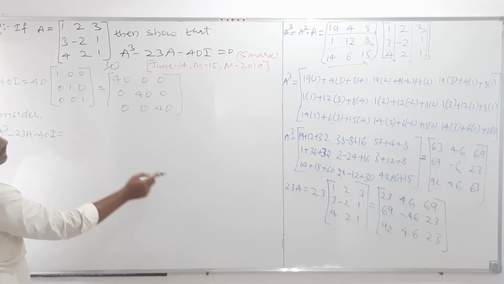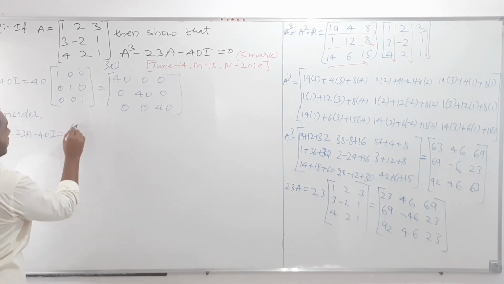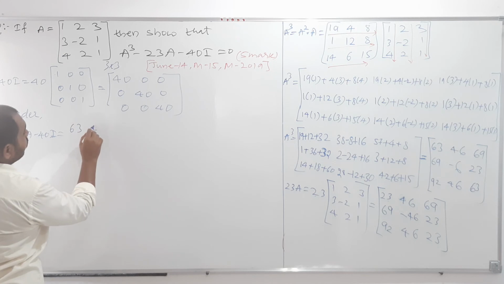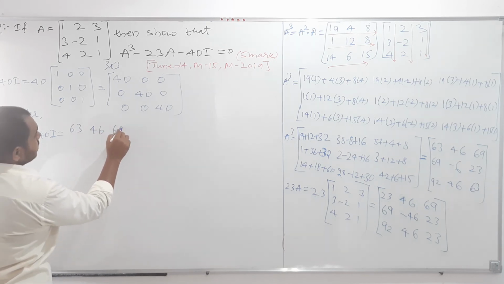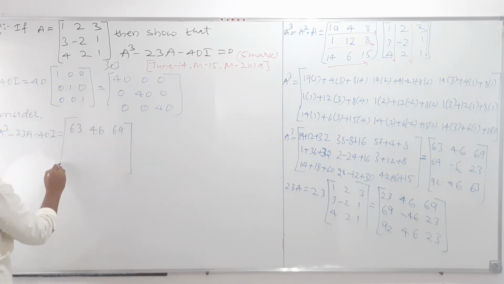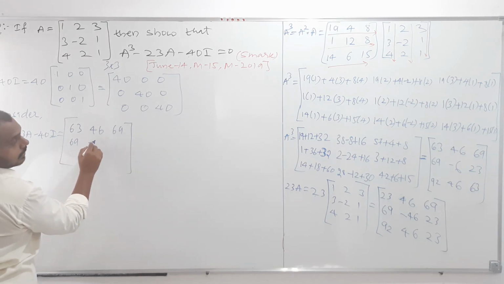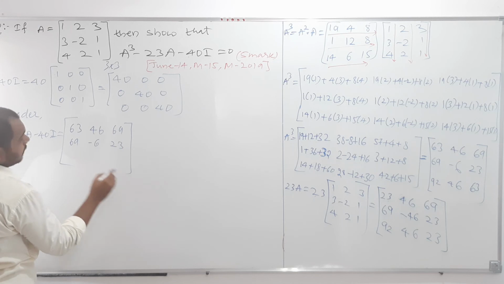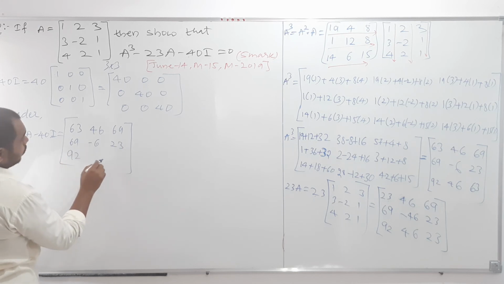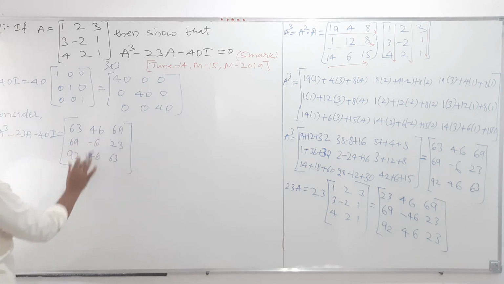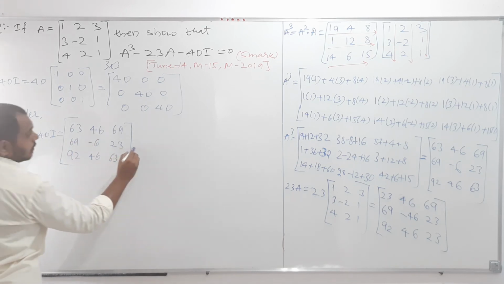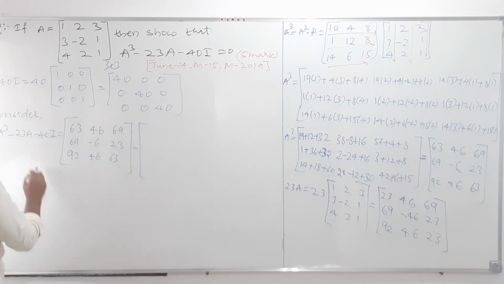So what is A cube, my dear students? A cube value is 63, 46, 69, 69, minus 6, 23, 92, 46, 63. This is your A cube value. Minus 23A.